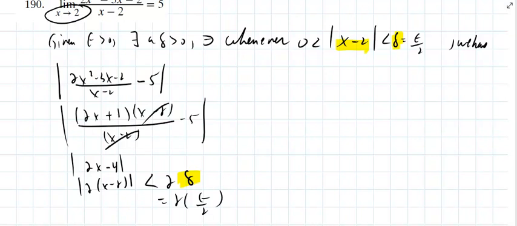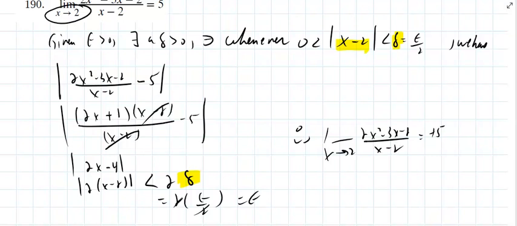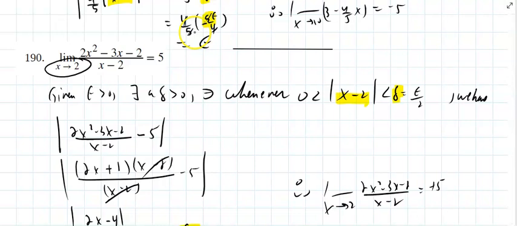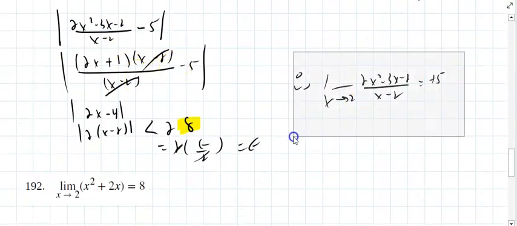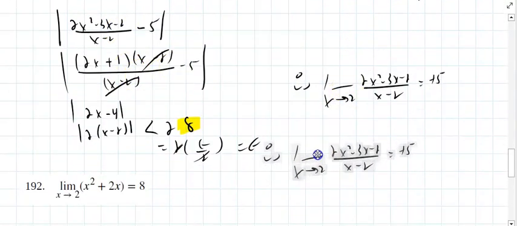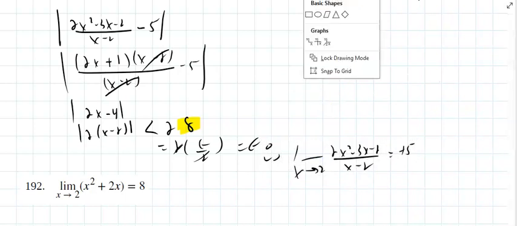If I put an epsilon over 2, those cancel out. I'll get an epsilon. Therefore, the limit as x approaches 2 of 2x squared minus 3x minus 2 divided by x minus 2 equals 5. This should be the final conclusion.